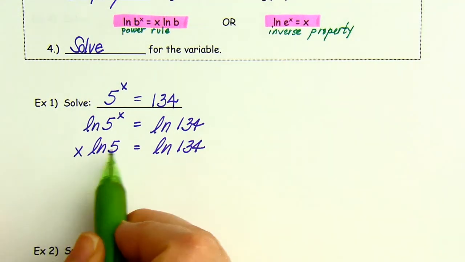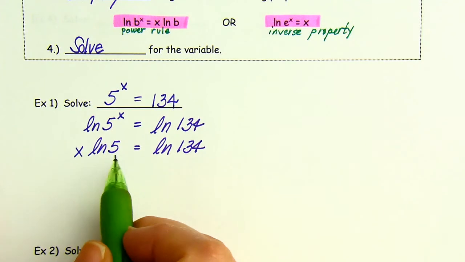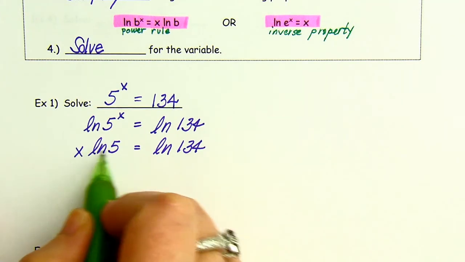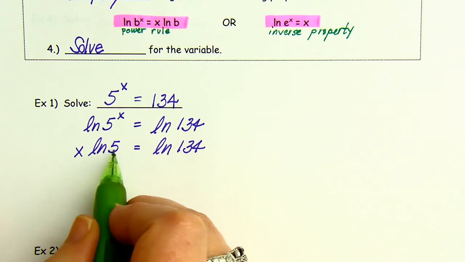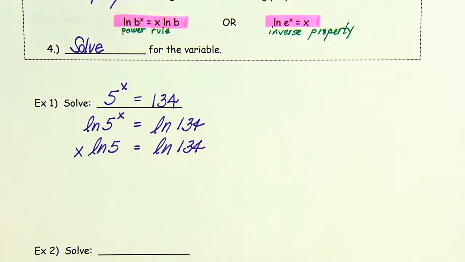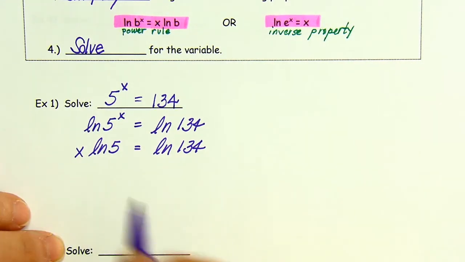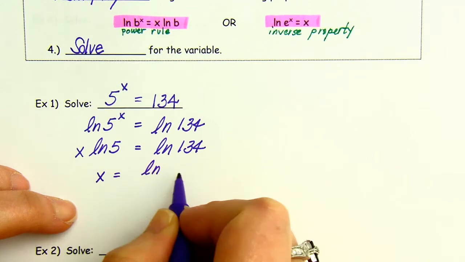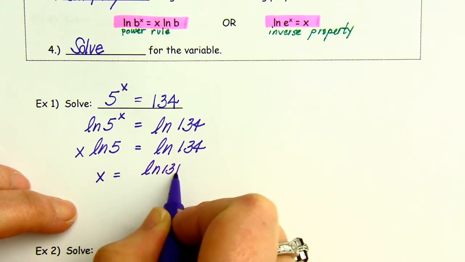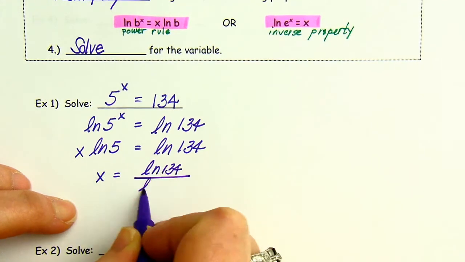Folks, the natural log of 5, you can't just divide by 5. This thing is a package deal. It's a natural log of 5, log base e of 5. So we're going to divide both sides by ln 5. So we get natural log of 134 over the natural log of 5.